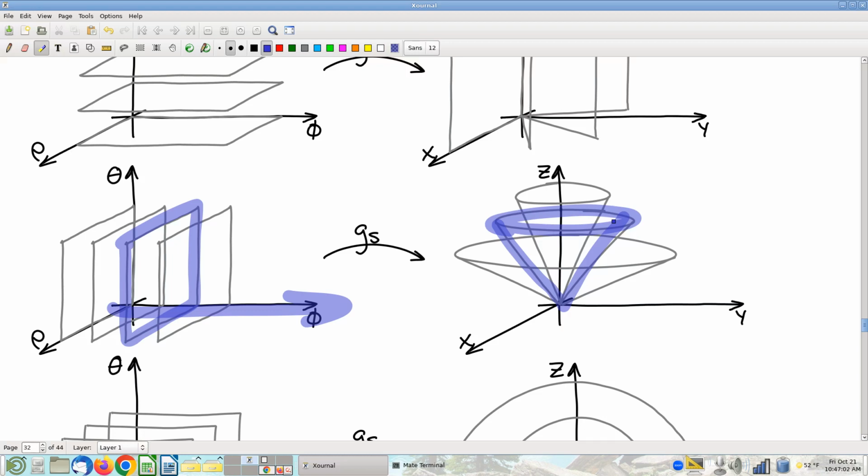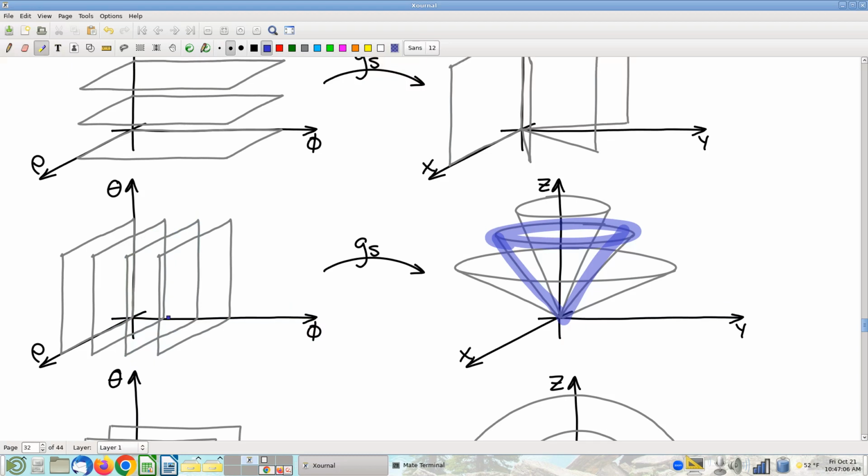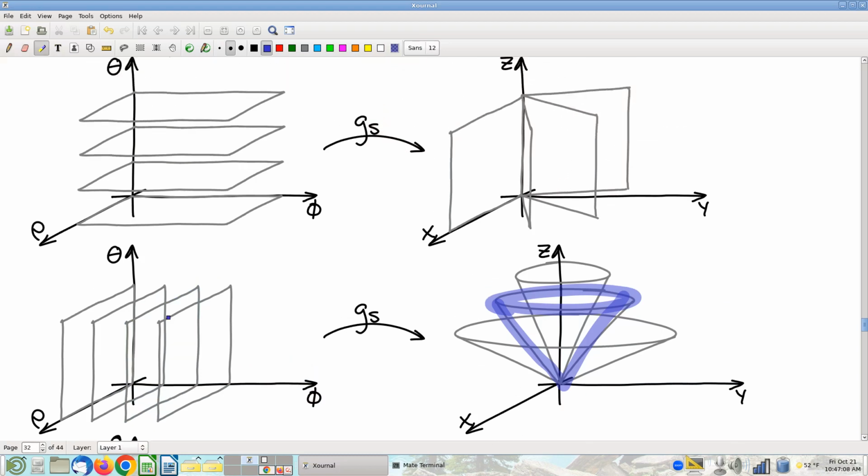So that's weird. But again, keep in mind, I don't actually care about phi slices. What I'm really going to care about mostly is what is a phi slice of a theta slice. And if you think about that geometry, what happens if you take this half plane hinged on the z-axis and intersect it with a cone like this? What you get is little straight line segments, kind of like that.